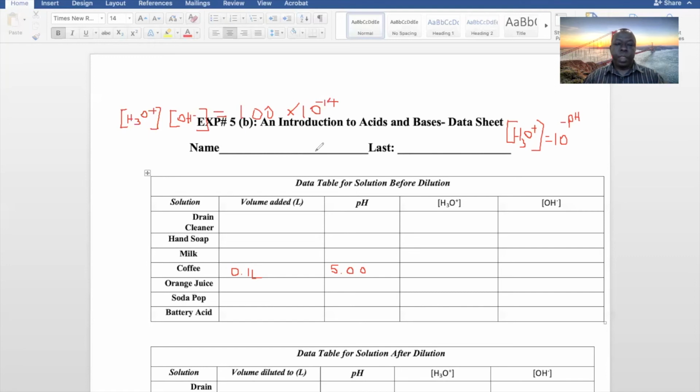So if you know one, you can find the other. Please show your work where applicable.